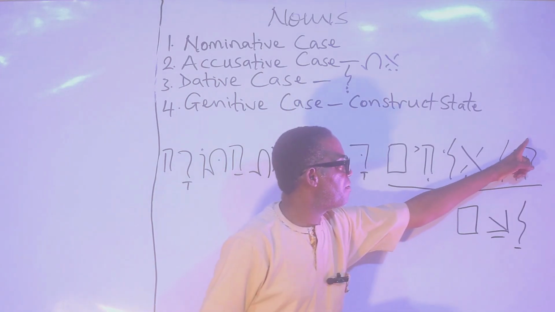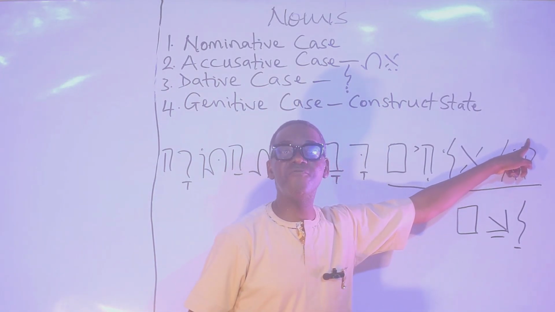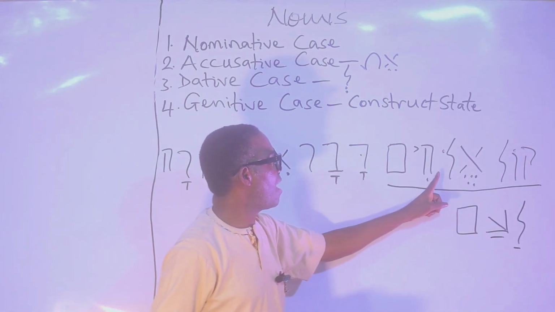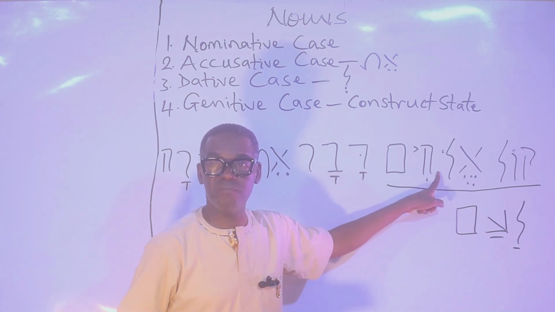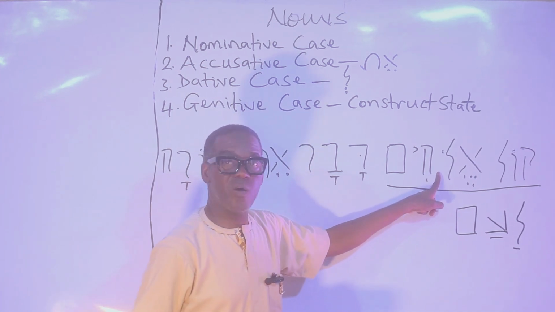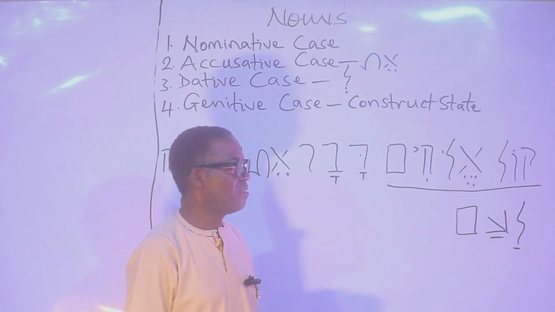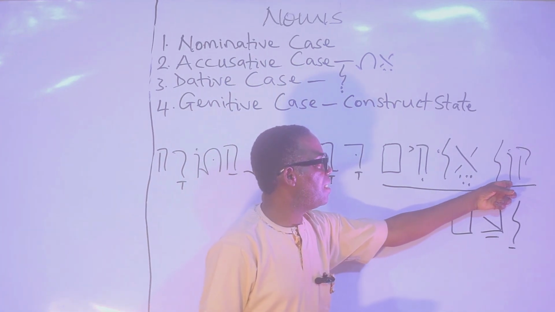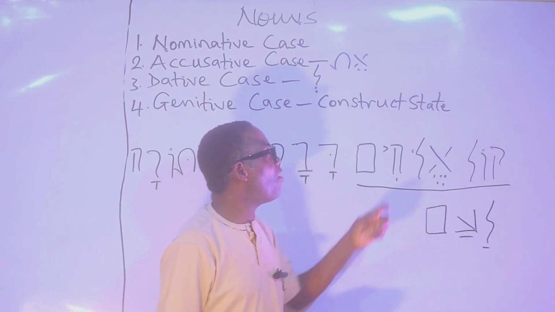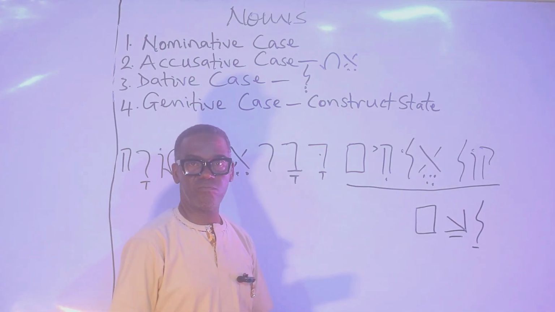Here we have a noun, Kol, which means voice. Then we have a noun, Elohim, which means God. In this position, they are in construct state, and this will be interpreted as the voice of the Lord.